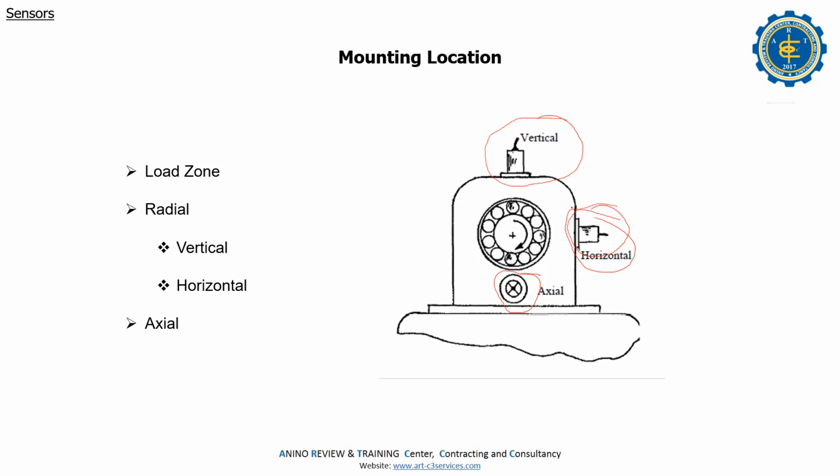I'll send you the screenshot. Then you have a spectrum: low frequency, medium frequency, and high frequency, and then the envelope spectrum to modulate, and the time waveform.